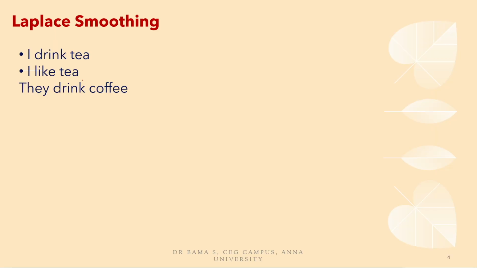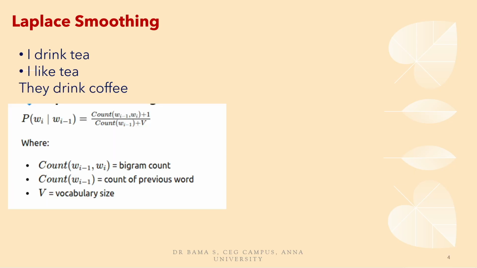The easiest and the starting method of smoothing techniques is the Laplace method, where we will take the same example and compute the structure with the smoothing technique. So take the same example: I drink tea, I like tea, and they drink coffee. Here the formula is slightly modified.